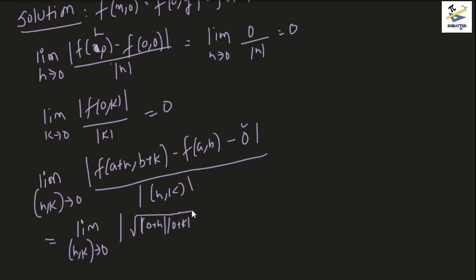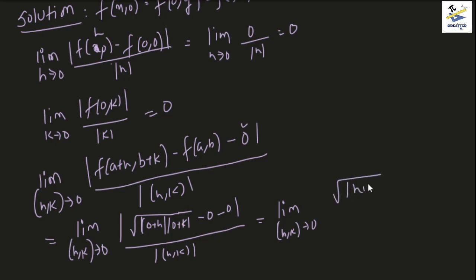So 0 plus h into 0 plus k, and minus f of 0 comma 0 is 0 and the derivative is 0, and therefore the numerator is just this. This gives us the limit as h comma k tends to 0 of root over modulus of hk divided by root over h square plus k square.